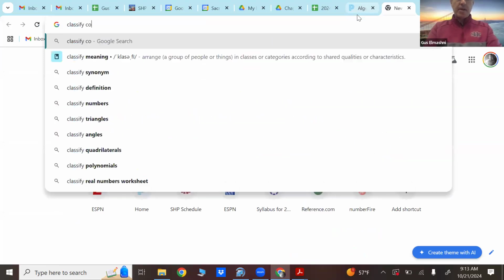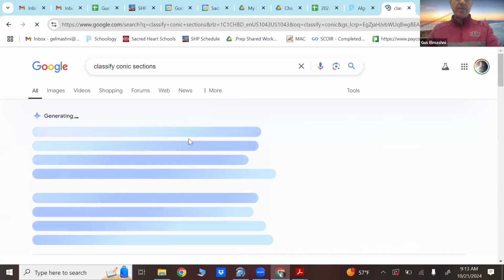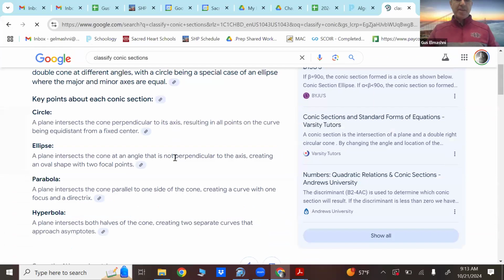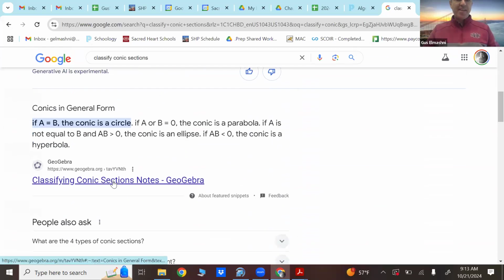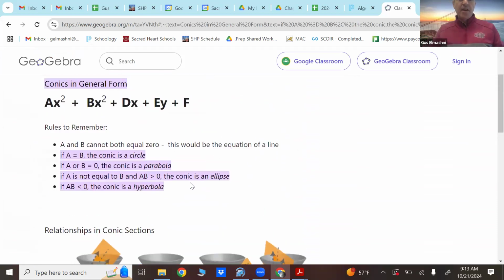Classify conic sections. There's kind of this fancy way of generalizing conics, which I don't really like because it's too much memorization.